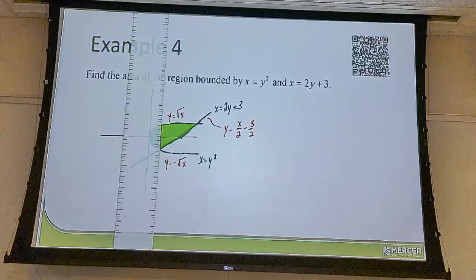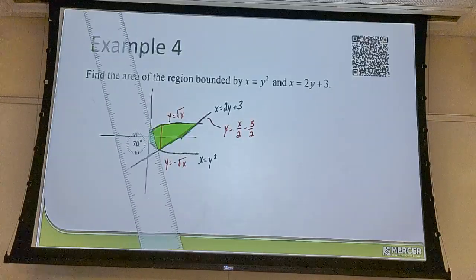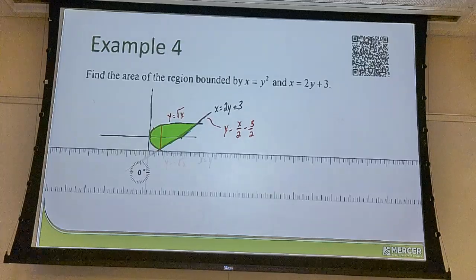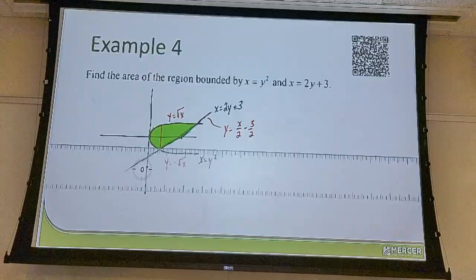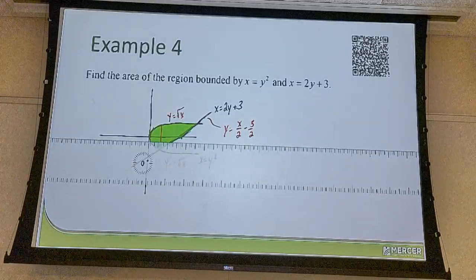But they already gave it in terms of y. So look what happens if we now do horizontal slices instead. Say right here, what is your upper bound and what is your lower bound?